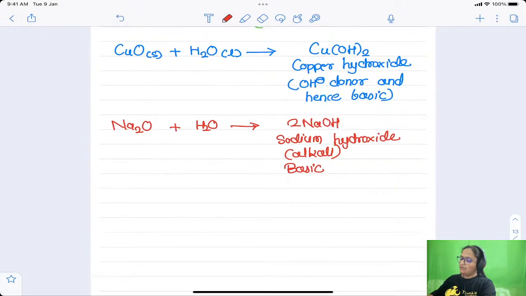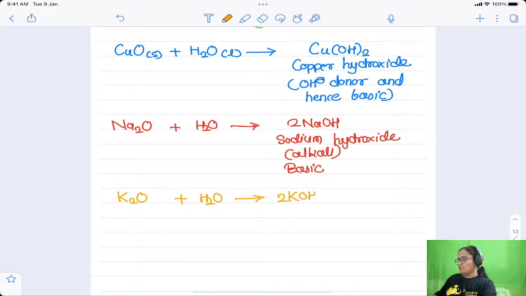Similarly, we can write down for the potassium oxide exactly like sodium. K2O when dissolved in water gives us 2KOH. Now this is potassium hydroxide, and potassium hydroxide is also an alkali, right? Alkali means water soluble bases, basic in nature.